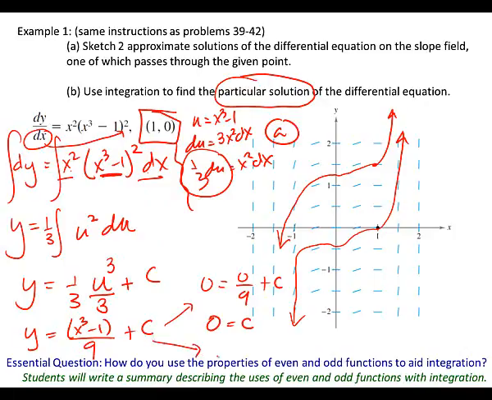So I take this and rewrite it without the c on it. There was supposed to be a cubed on there too, wasn't there? Yeah, still the same answer: y equals (x cubed minus 1) cubed over 9. That's your answer right there for the particular solution. And look at that, it looks like it's shifted over 1, right? For our particular solution, it shows that on the graph even.